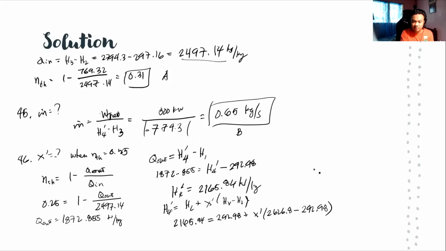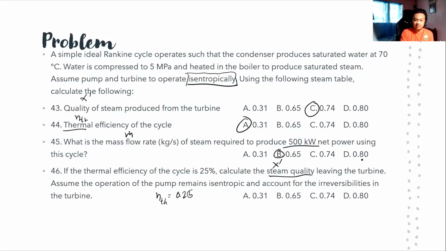Now you can get your x prime. Just shift solve to find your x. That's 0.80. And that's the third D in our choices. As you can see, all of the choices were selected, but that's a different number.